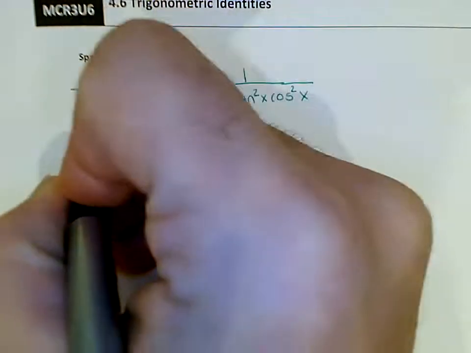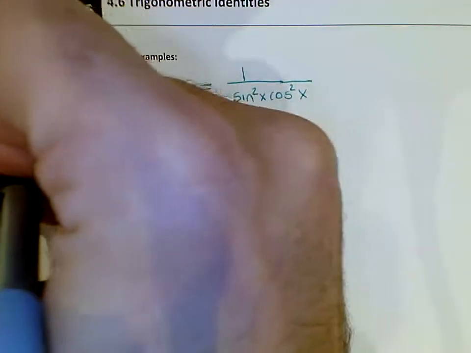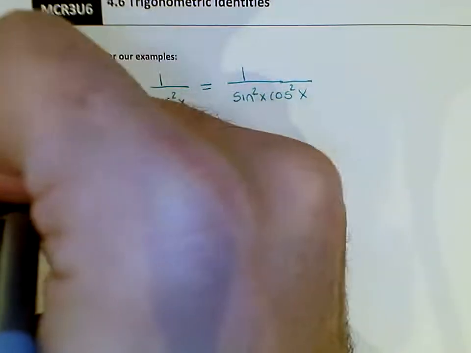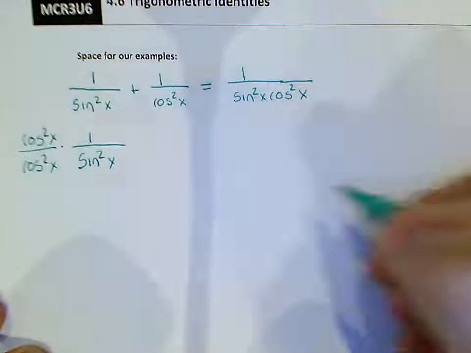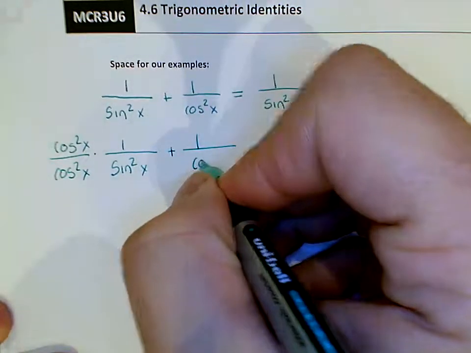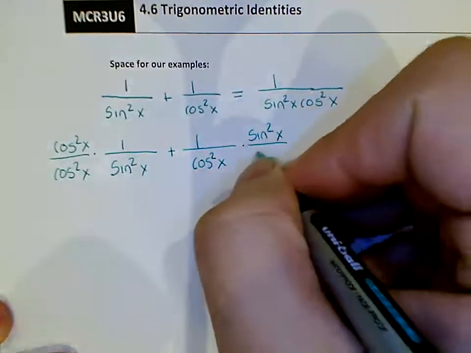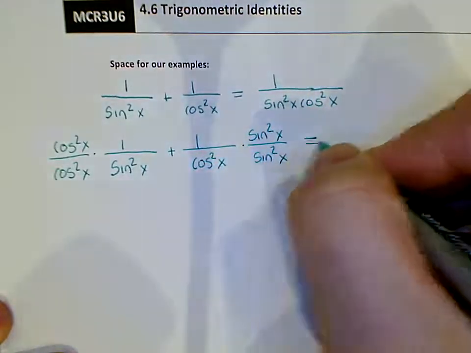So I can take 1 over sine squared x and multiply it by cosine squared x over cosine squared x, just like that. I can do the same thing with 1 over cosine squared x. So I can multiply it by sine squared x over sine squared x.